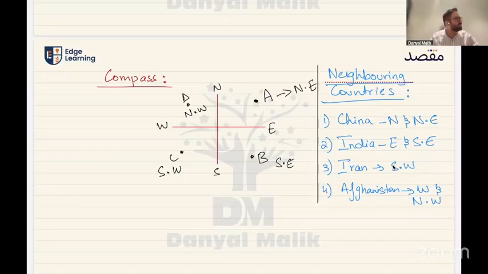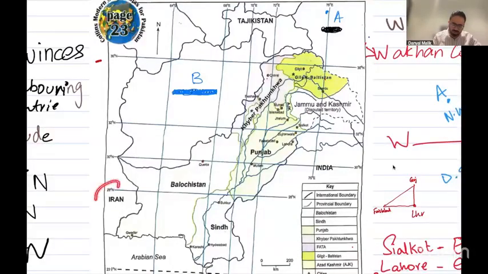That's how simple it is. No rocket science, no difficulties. That's how you will simply figure this out. Clear? Similarly, if we talk about Iran, this is where Iran is.